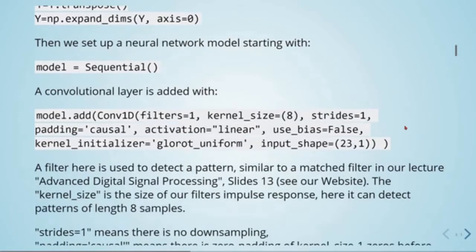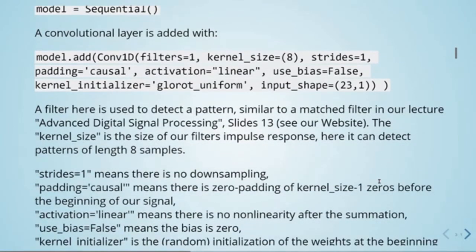A filter here is used to detect a pattern. It will be similar to a matched filter that we've seen in our lecture Advanced Digital Signal Processing, in lecture 13, that you can find on our website. The kernel size here is the size of our filter's impulse response, so it can detect patterns of length 8 samples. Strides here means that there is no downsampling of the signal.